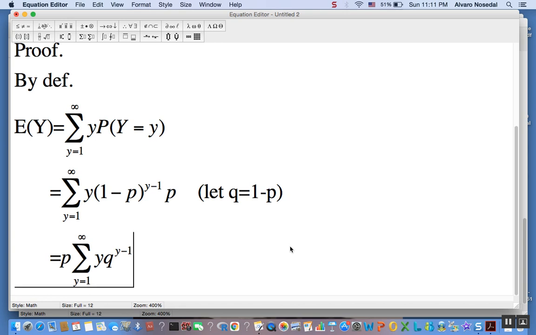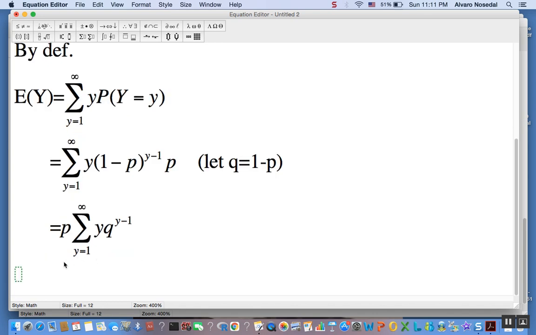Now, here is where our results will prove very useful. Results 1, 2, and 3. First, note that this here, y times q to the y minus 1 power, is the same as this.